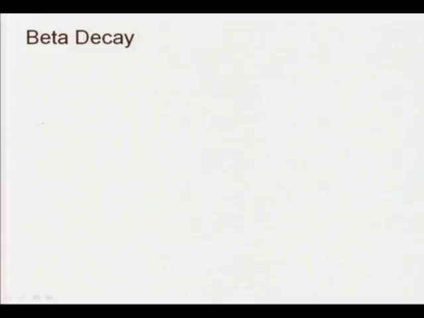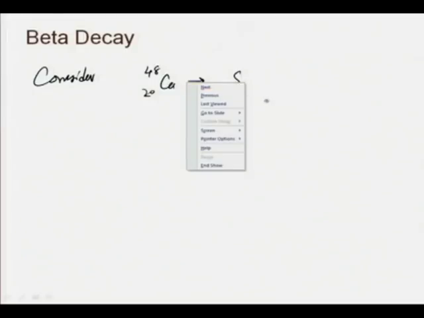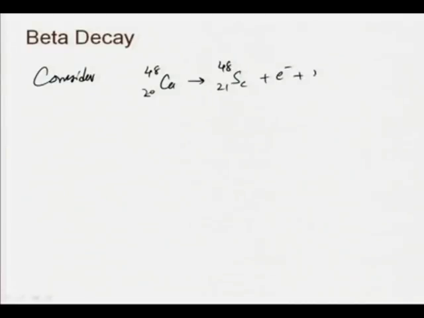Now, let us consider calcium, 20 protons, take the isotope with 48 as the mass number. If we consider the beta decay of this, the possibility is that it goes to scandium 48, with 21 protons, plus electron plus antineutrino.